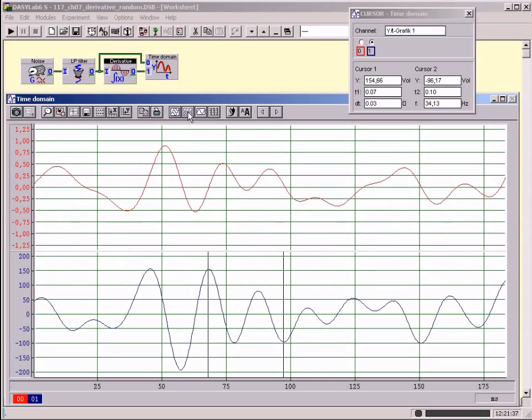You should arrive at the following result. The differentiated output signal indicates how rapidly the input signal is changing.